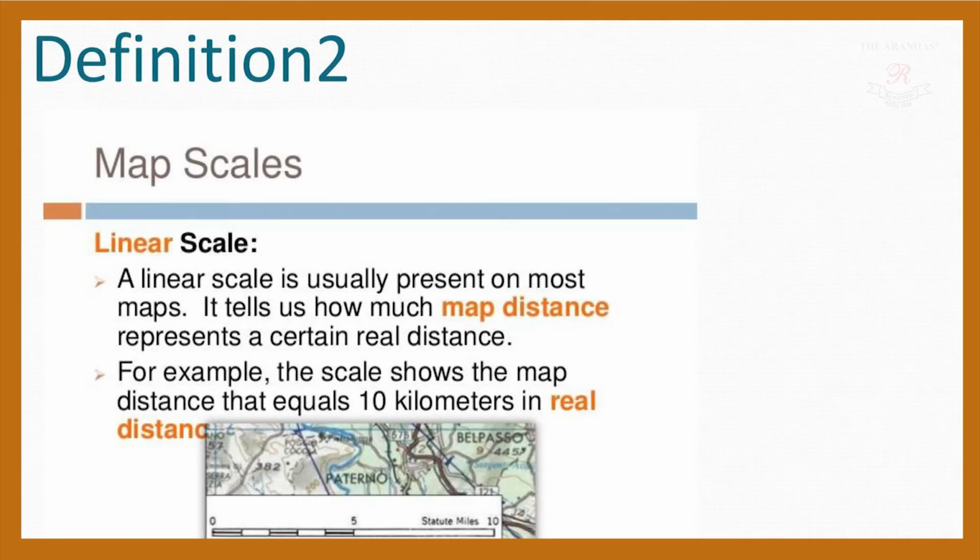The second is the linear scale. A linear scale is usually present on most of the maps. Basically, why am I talking about most of the maps? Because the scale which I have drawn here, the same scale has been drawn here. So it tells us how much the map distance is. Now there we were calculating distance, and here how much the map distance represents.